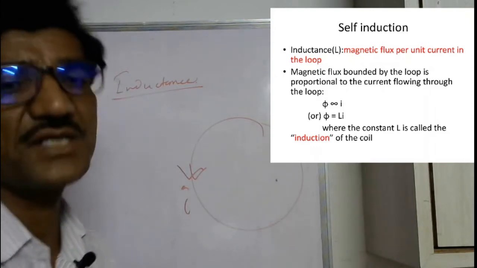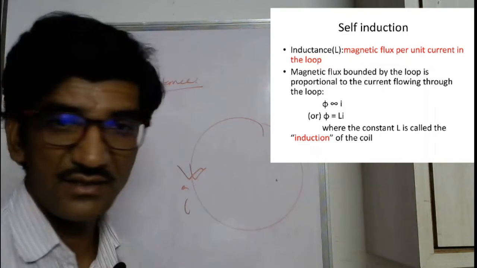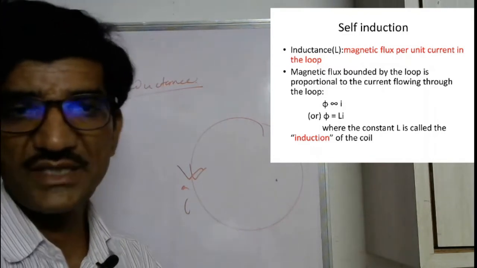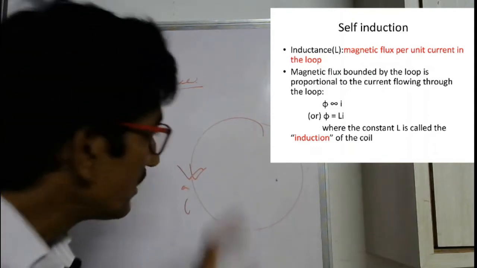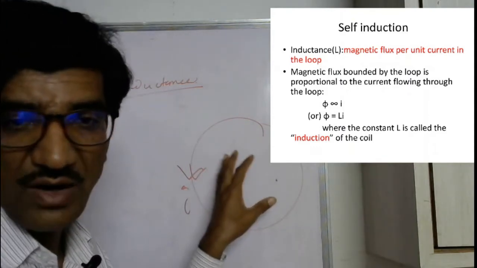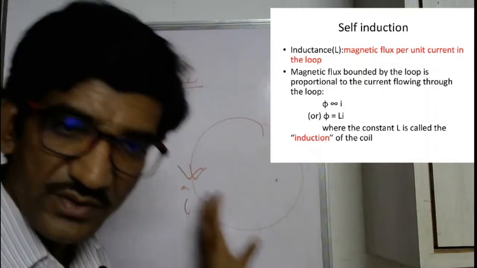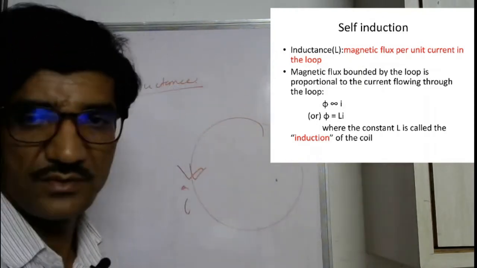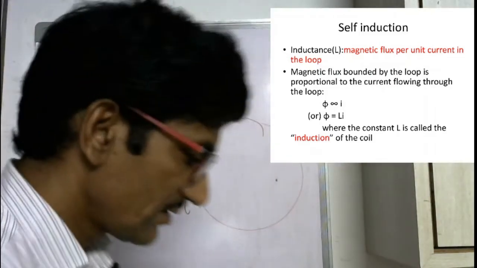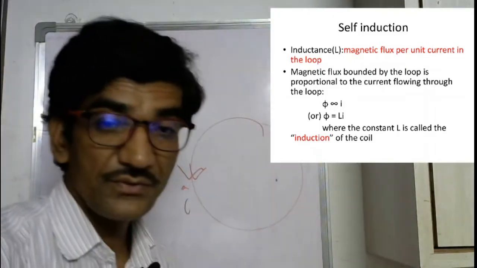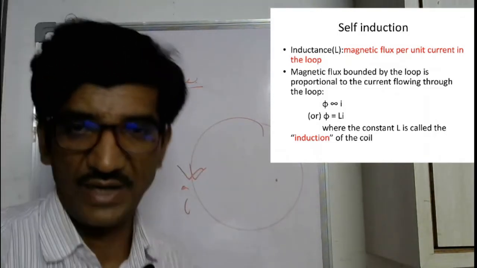That is known as the inductance of this loop: the magnetic flux created by 1 ampere current flowing through this loop. This is known as the inductance. It will give you the self-induction capacity of this loop or coil.